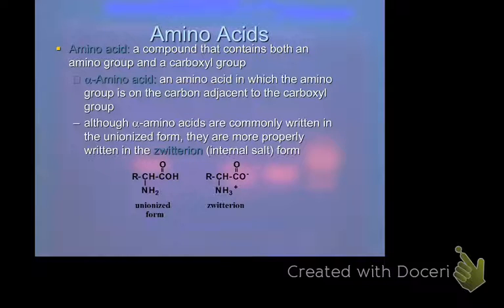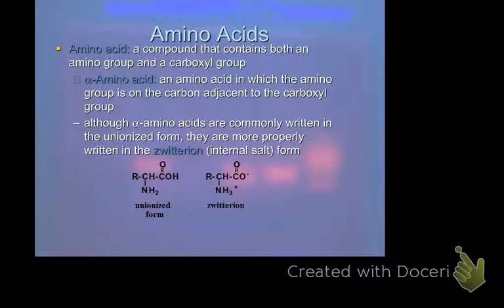Okay, it is a Zwitter ion. You remember that from Gen Chem, which means that inside itself, it has a plus end and a minus end. Since the amine group is a base, the carboxylic acid is an acid.